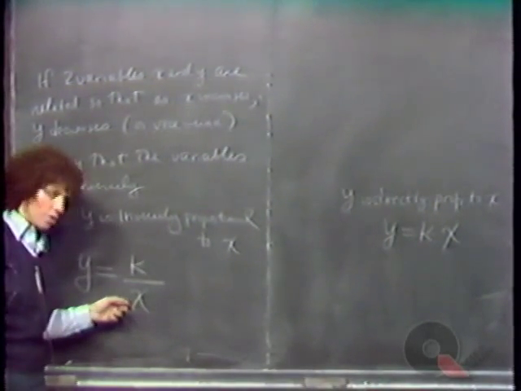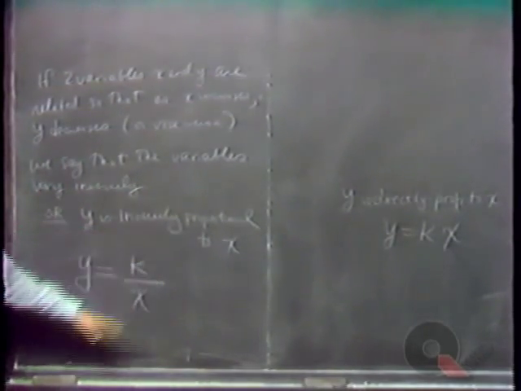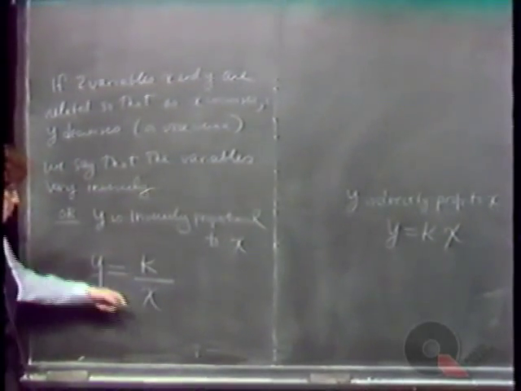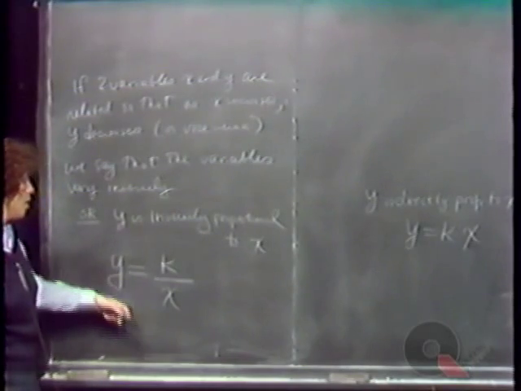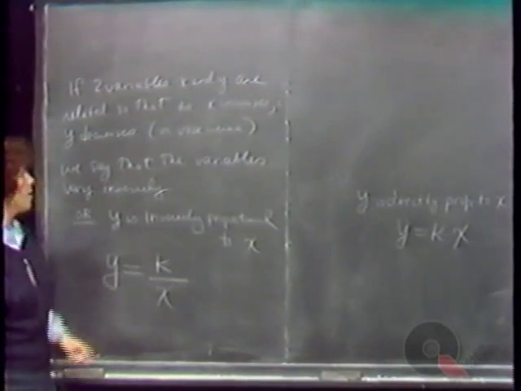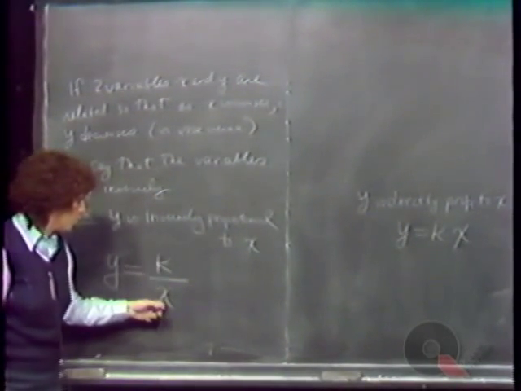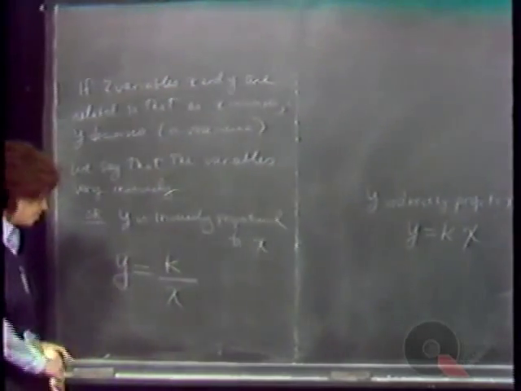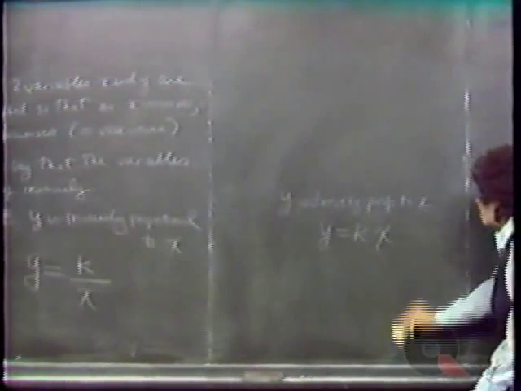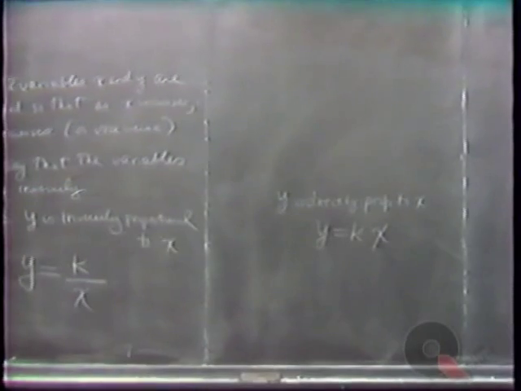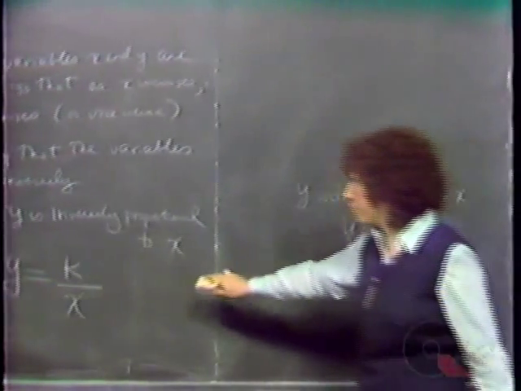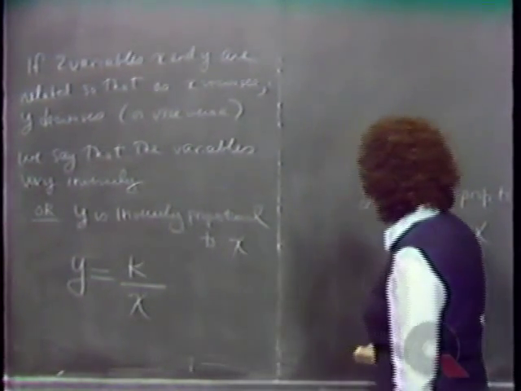The bigger x gets here, assuming that the constant is positive, y is going to be getting smaller. You'll be dividing by a bigger quantity. As x increases, y will be decreasing. The other way around, as x decreases, you'd be dividing by a smaller and smaller number, so y would be increasing. So it's a different type of relationship. Here we have y is directly proportional to x, y is equal to kx. And here we have y is inversely proportional to x, y is equal to k over x.